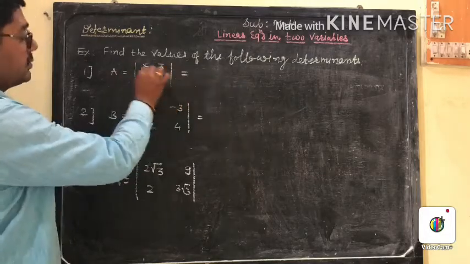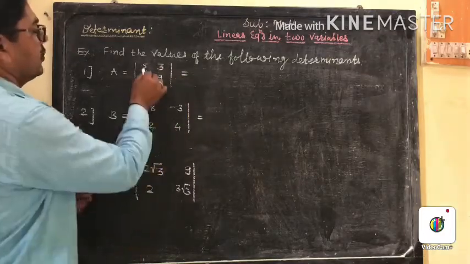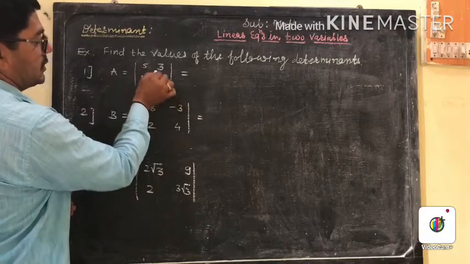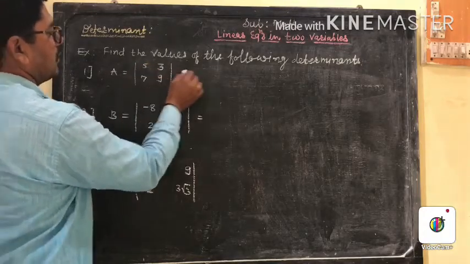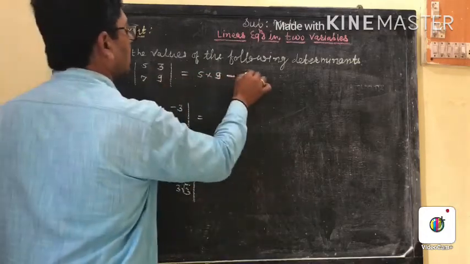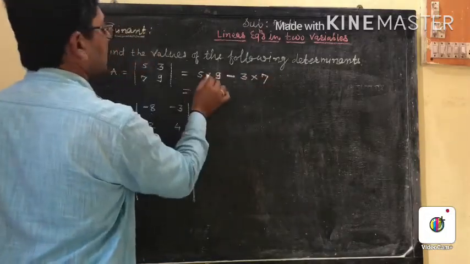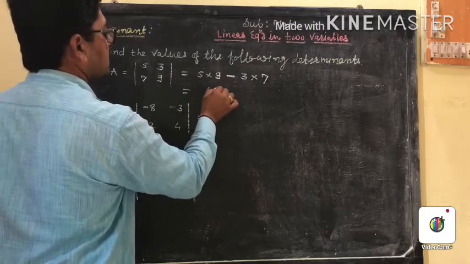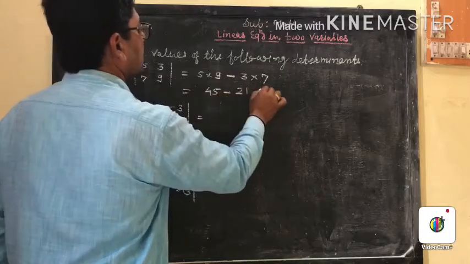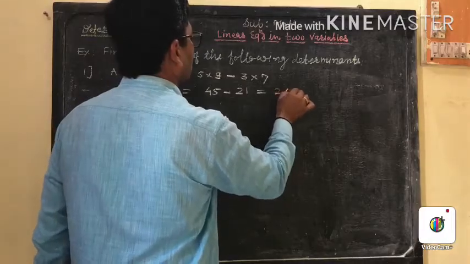To find its value we cross multiply: 5 into 9 minus 3 into 7. 9 into 5 is 45, minus 7 into 3, 21. 45 minus 21 is 24.